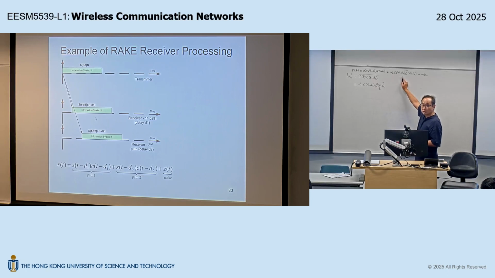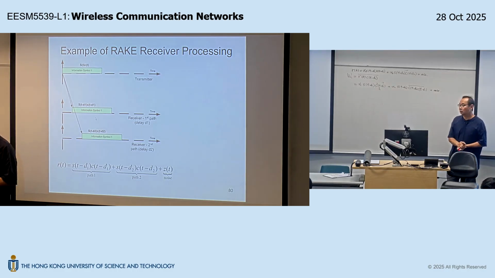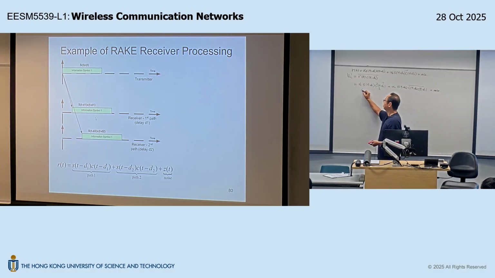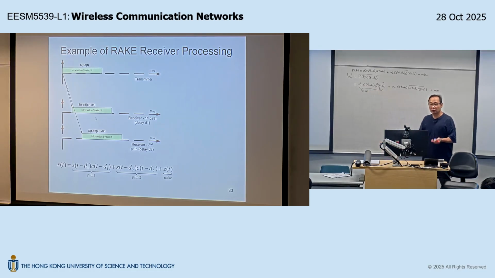Then the second term, due to the second resolvable path, will be alpha 2, S(t minus D2), C(t minus D2), and C(t minus D1), and then take the average, and noise. It will be something like this, right? So this becomes a good term because it contains the data. Recover data, successfully desthreaded contribution.